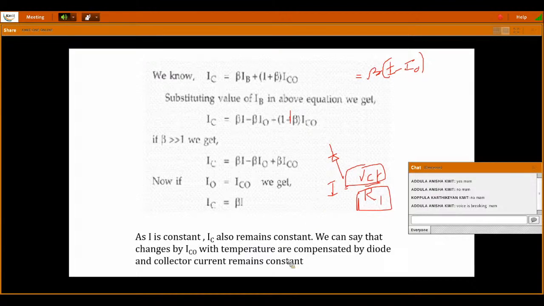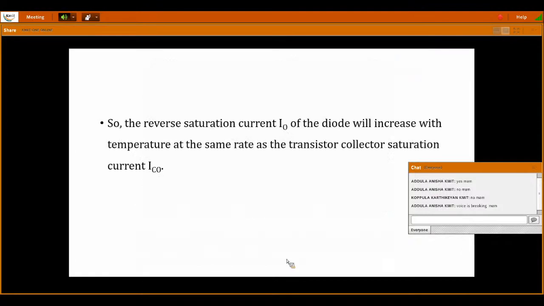So we can say that the change in your leakage current with the temperature is compensated by a diode if I connect it at the base. Due to this, the collector current remains constant. The reverse saturation current I0 of the diode will increase with the temperature at the same rate as the transistor collector saturation current ICO.